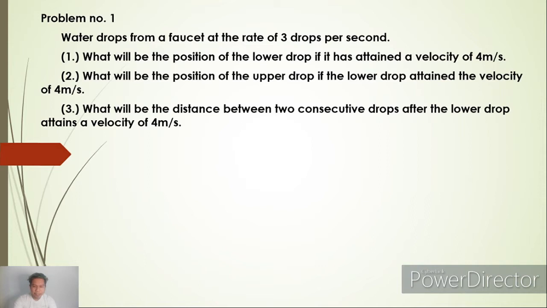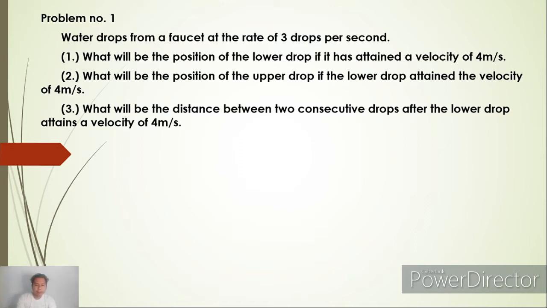What will be the position of the lower drop if it has attained the velocity of 4 meters per second? Second, what will be the position of the upper drop if the lower drop attained the velocity of 4 meters per second? And number 3, what will be the distance between two consecutive drops after the lower drop attains a velocity of 4 meters per second?